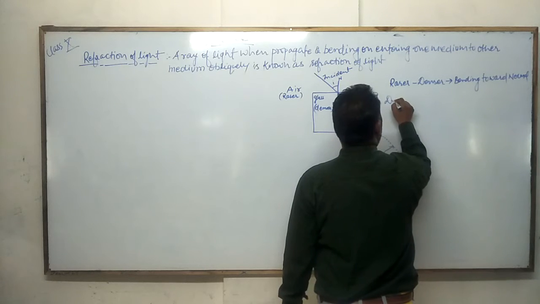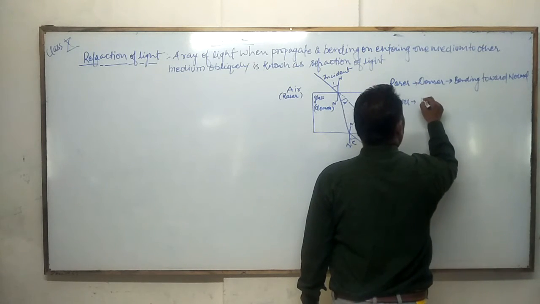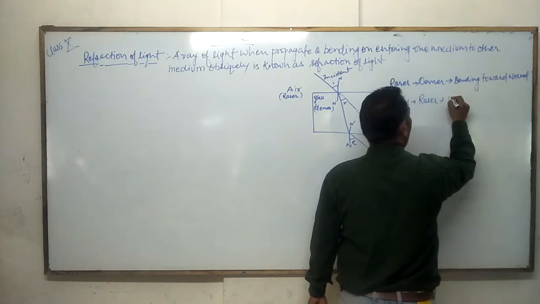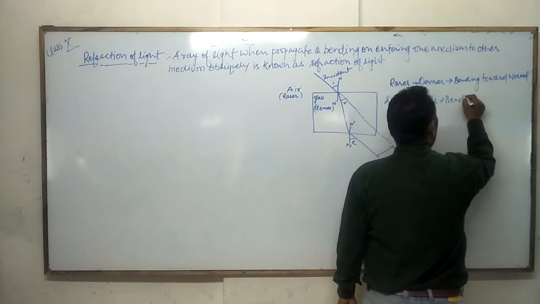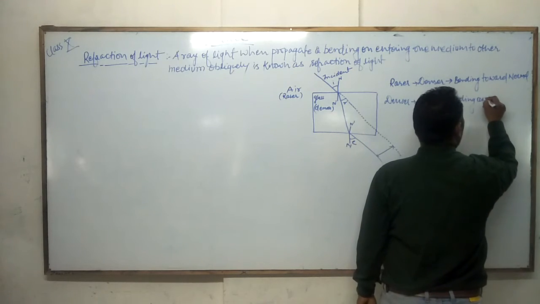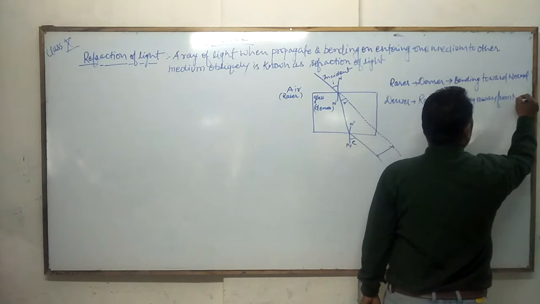And when light moves from denser to rarer, it bends away from the normal.